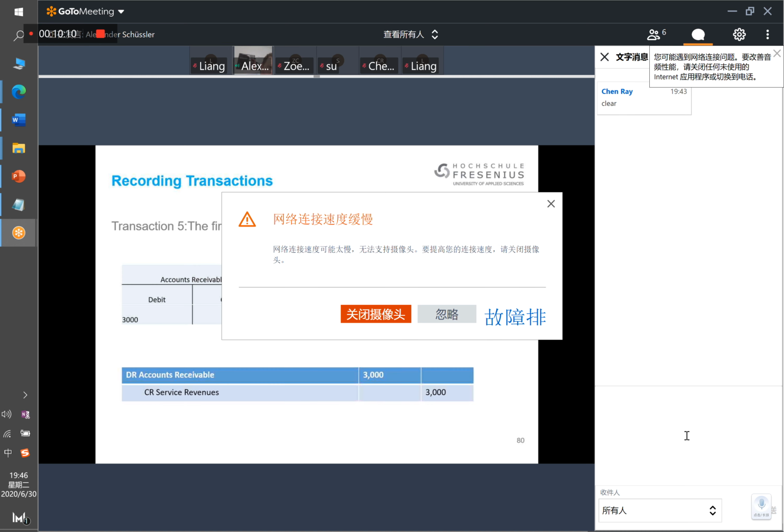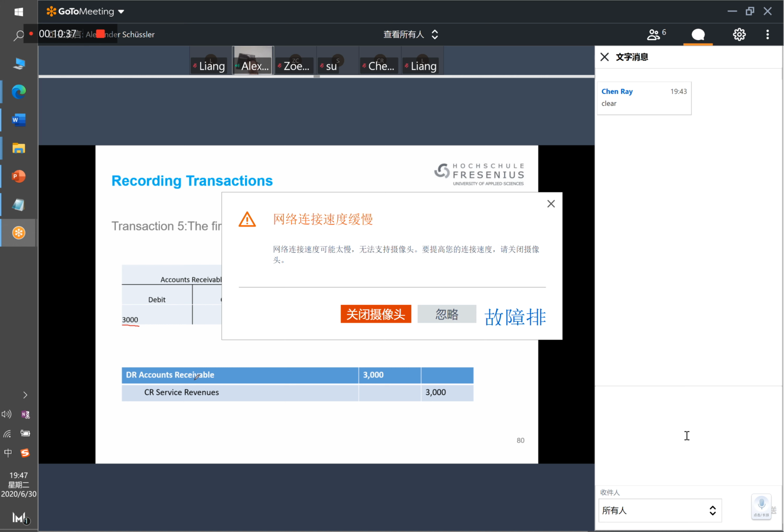This is the next one. The firm performs service on account for 3,000. We have accounts receivable here, 3,000.